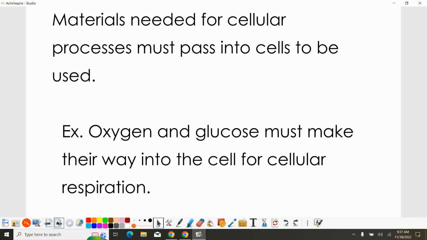A good example of this is glucose and oxygen, two substances that our cells need for cellular respiration. This happens in our mitochondria. This is the way it provides us with the useful energy that our cells need. So again, the fuel to drive that process is glucose, and that reaction also requires an input of oxygen to happen. So these substances have to be able to move into our cells.